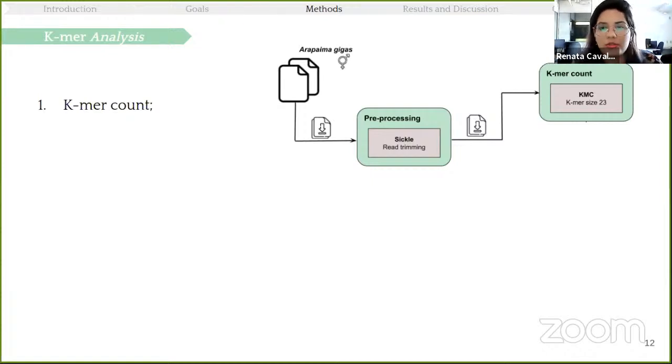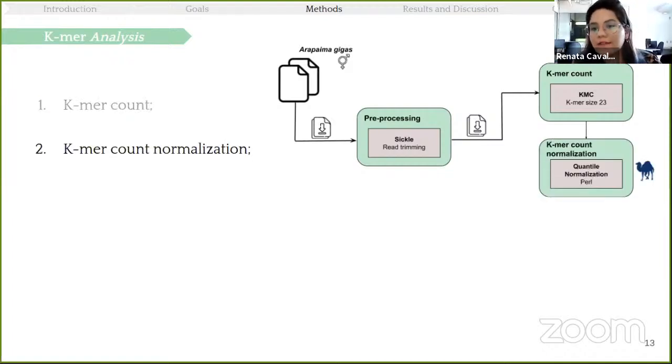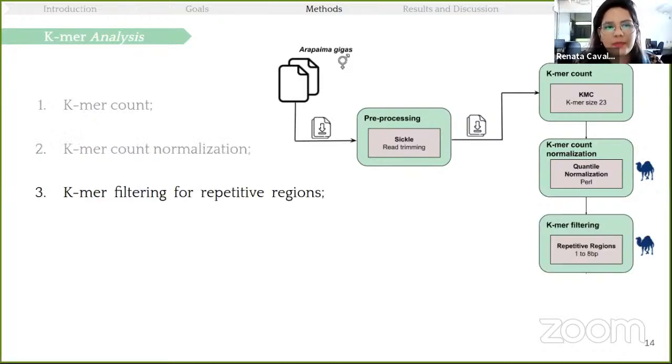For this, we used KMC to count the K-mers among the samples, and we chose a K-mer size of 23. After, we normalized these K-mers using the quantile normalization method, and we made this normalization with an in-house script in Perl.